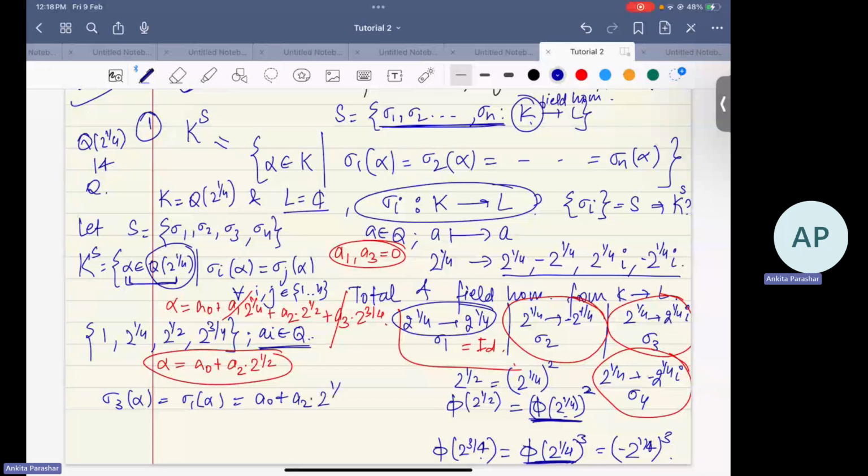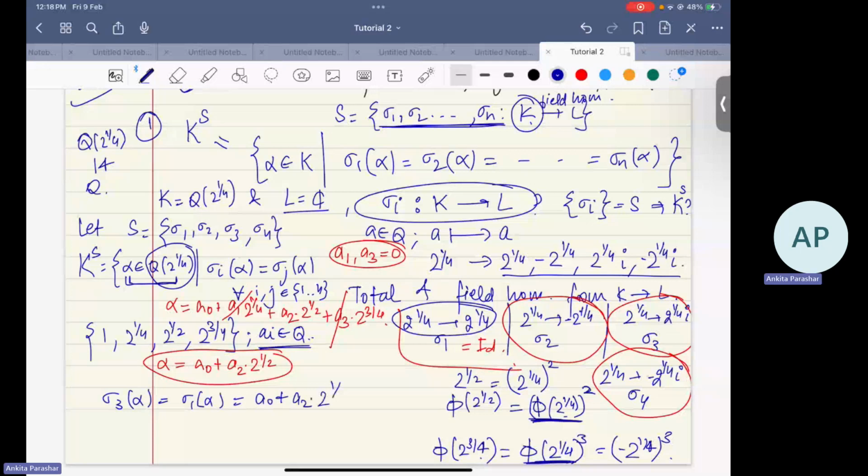Now, what is K_S? What is a fixed field? Two field homomorphisms on K. That means, what are all the elements alpha in Q(2 power 1 by 4) such that sigma 1 of alpha and sigma 2 of alpha both map to the same element.